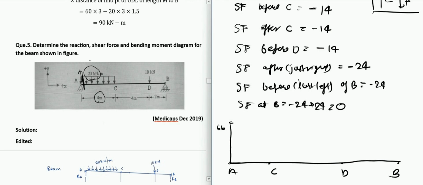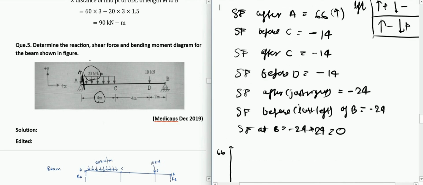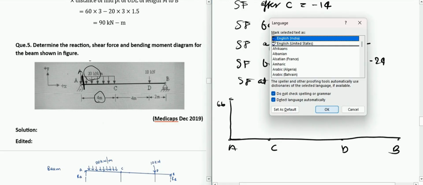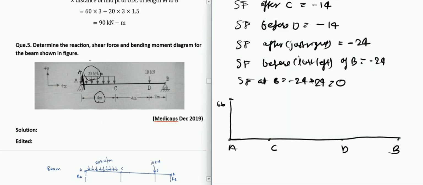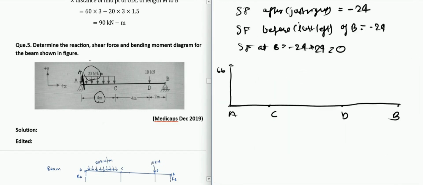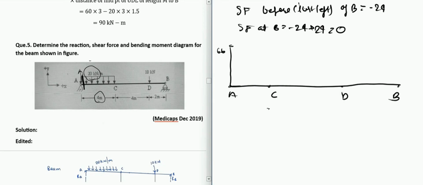And before C we have minus 14. Let us just see the value. Yeah. So before C we have minus 14, and after C also we have minus 14.